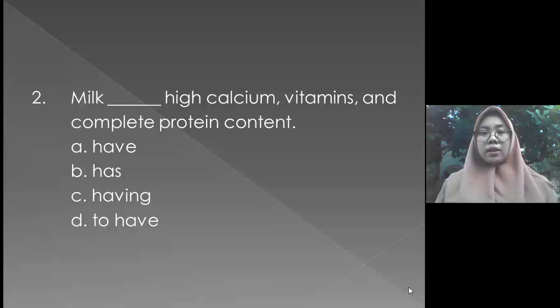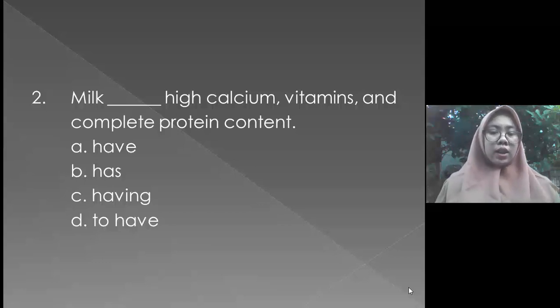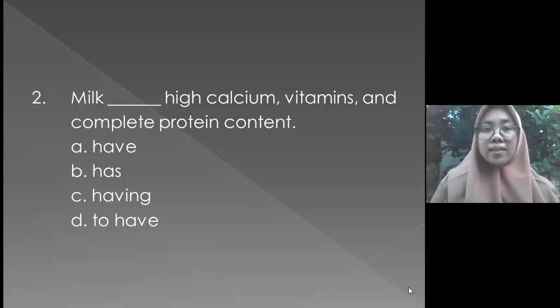Singular must use verb plus s or es, but here there is no verb, so we must change into an auxiliary: have, has, having, or to have. Yeah, the answer is has, so the answer is B.